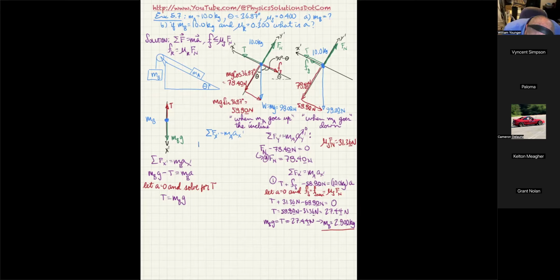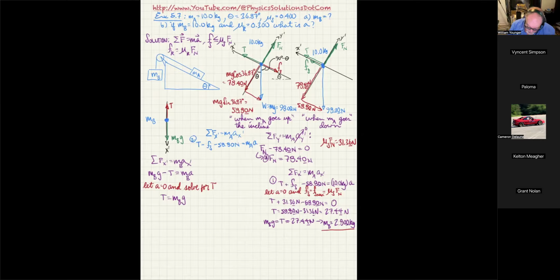So in that case, I get T minus the friction force minus the 58.80 newtons is equal to M sub A times A. So that's another equation we can make use of. And in fact, I'll call that equation 2 just in case I need to refer to it.